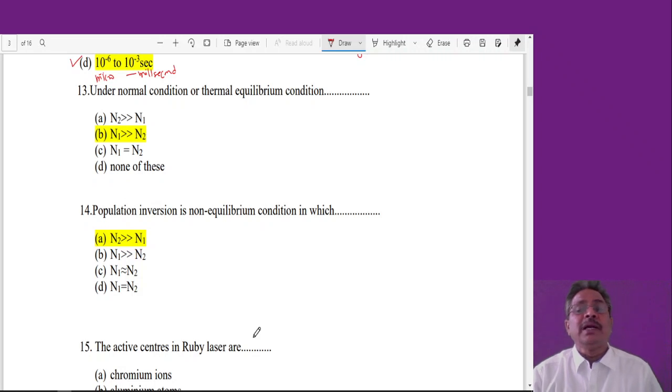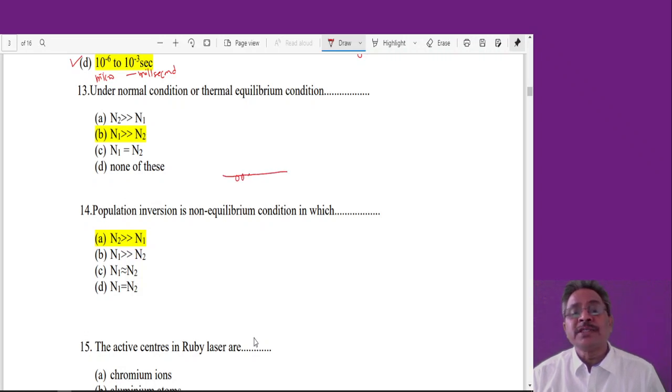Under normal conditions of thermal equilibrium, is N2 much greater than N1, N1 greater than N2, N1 equal to N2, or none of these? This is the number of electrons in a state.